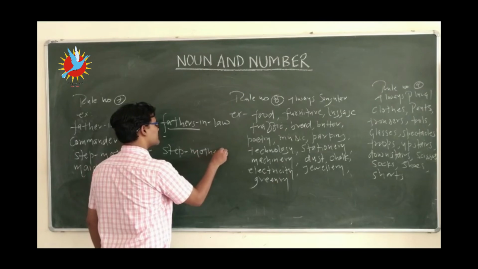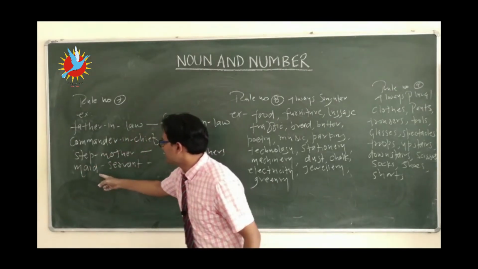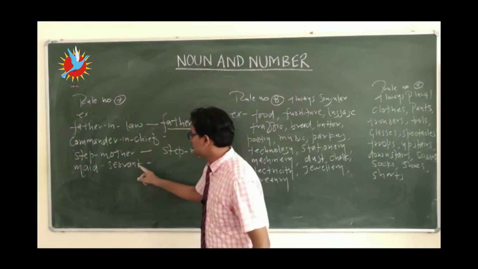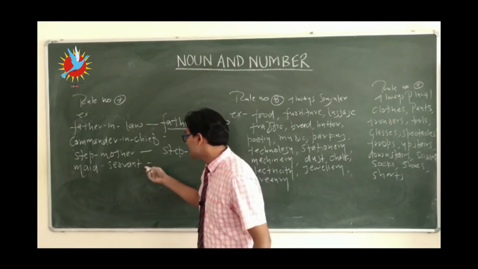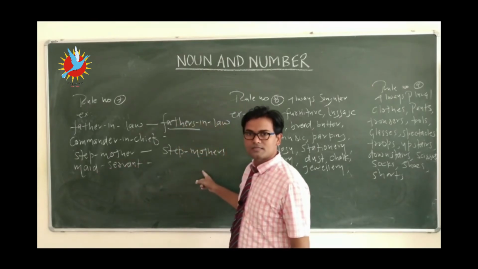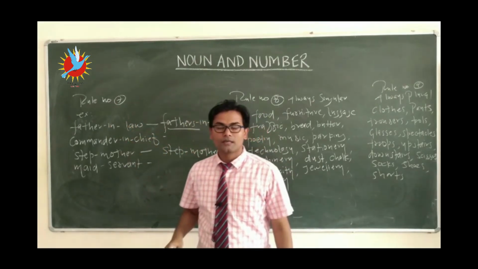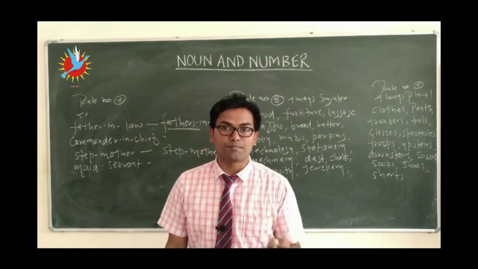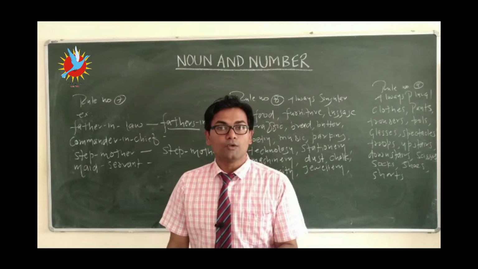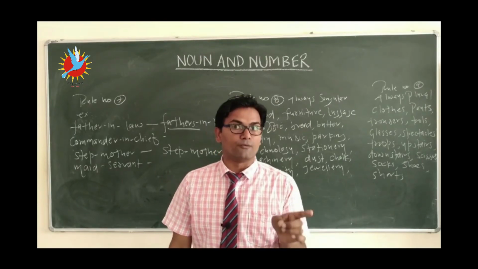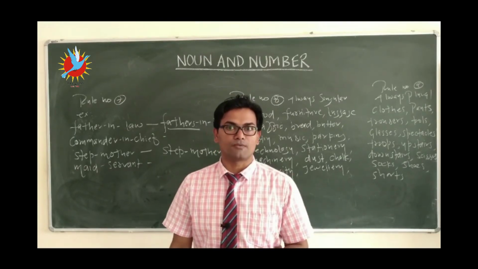And same way, maid servant. The main word is servant. Add s here, maid servants. Okay, so this is rule number 7. If we have a singular compound noun, then we add s in the main word of that singular compound noun.